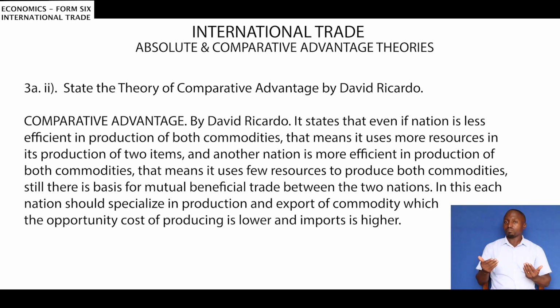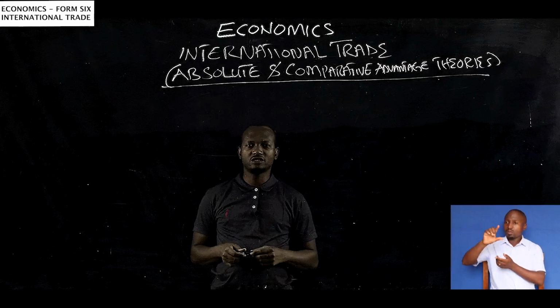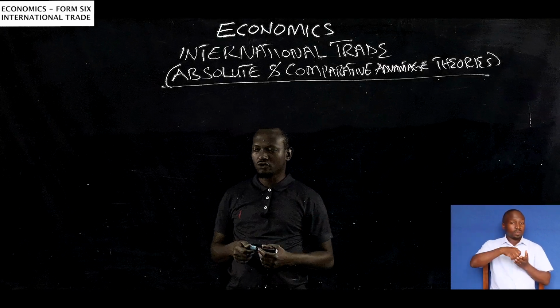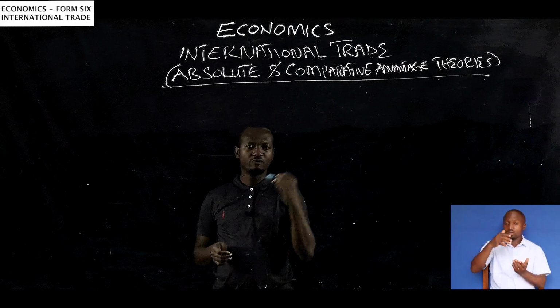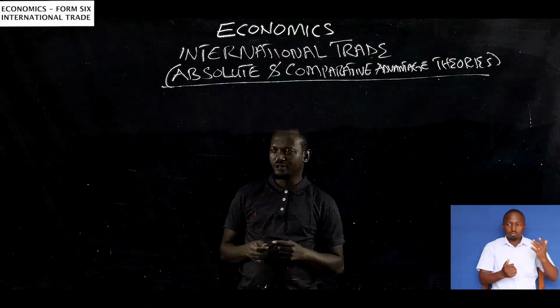So according to comparative advantage, a country should check the opportunity cost of production and of import. It should produce the item with low opportunity cost. The item with high opportunity cost, the country should import, to give another country the advantage of producing that item.